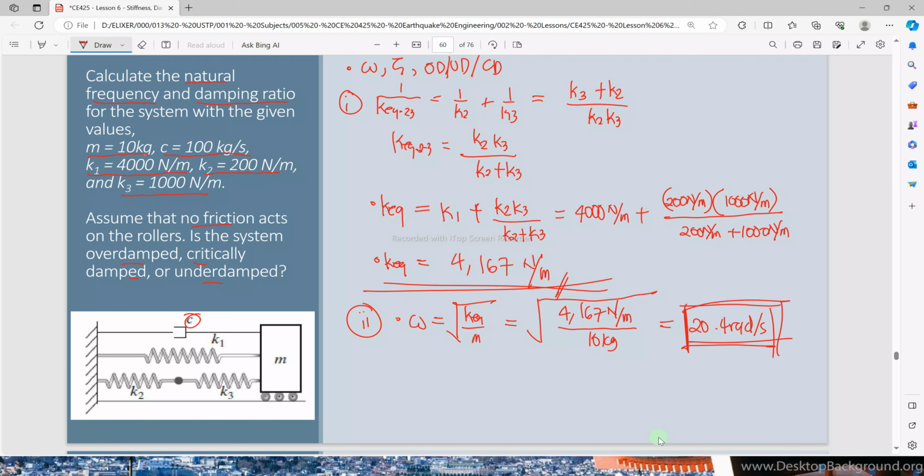Next we're asked to find the damping ratio. The damping ratio is equal to the damping coefficient over 2m omega.